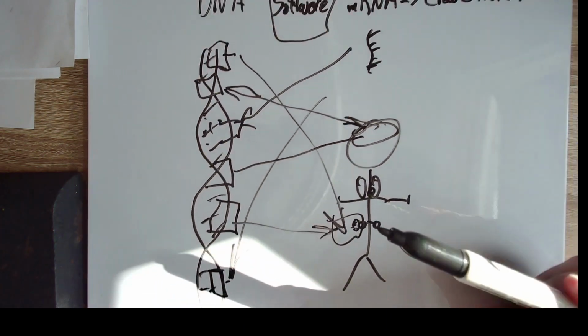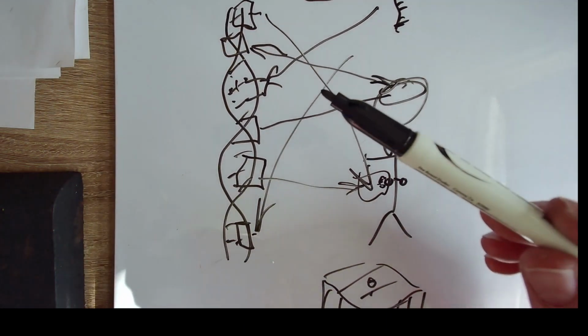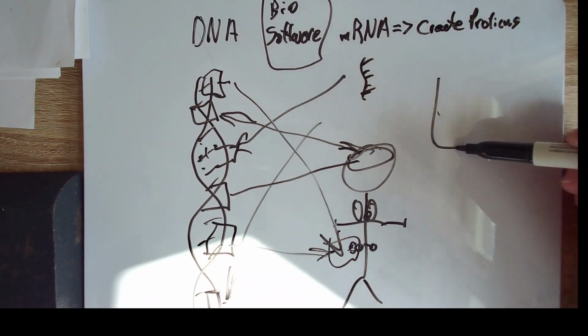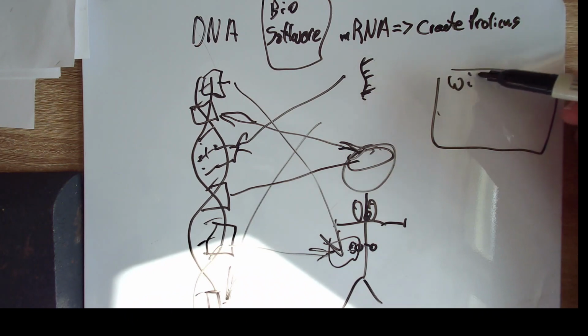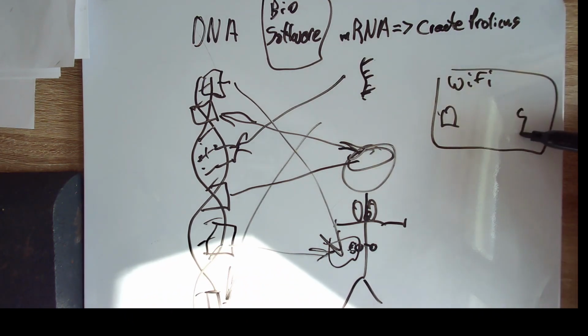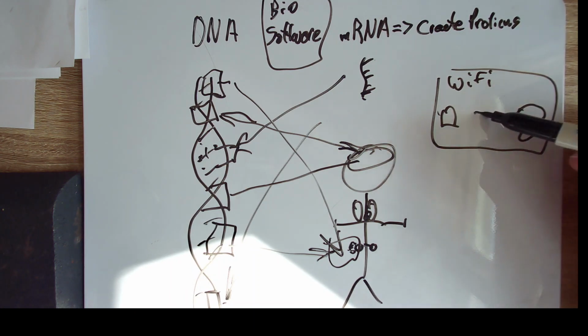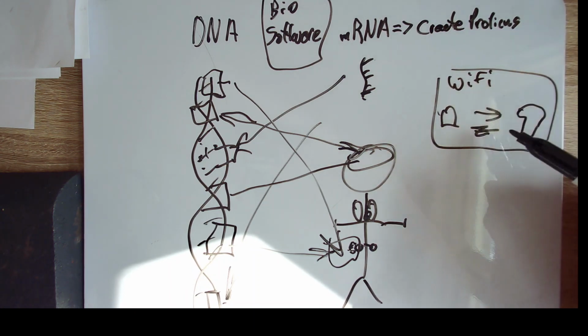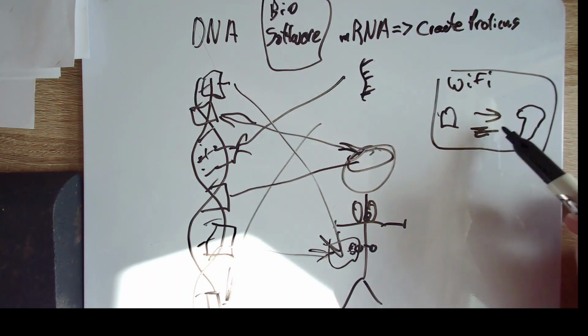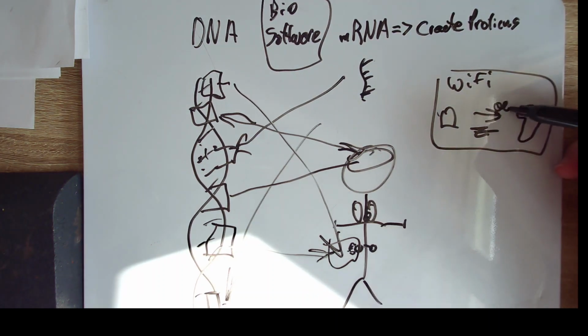Now, there's a thing that happens when you're doing all this copying, right? It's like let's say you have network Wi-Fi communications, and you have your cell phone, and then you have the internet here, and you have this stuff going back and forth. Essentially what you're doing is copying a bunch of fragments, and they're getting sent back and forth, and they get copied many, many, many times.